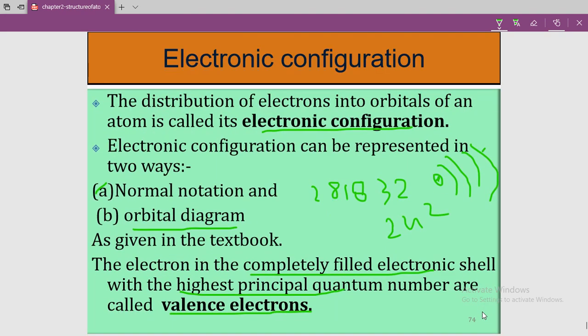Okay, this way you can do electronic configuration according to above rules, 1s2 2s2, this way, and with the normal notation you can write an orbital diagram also.